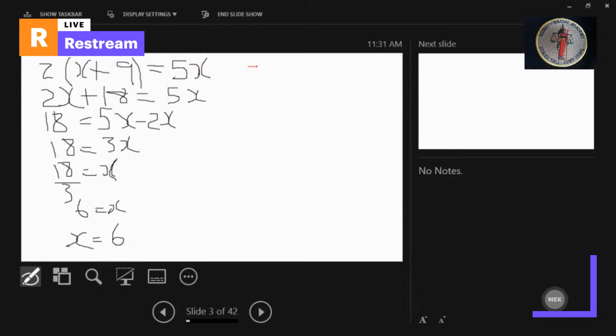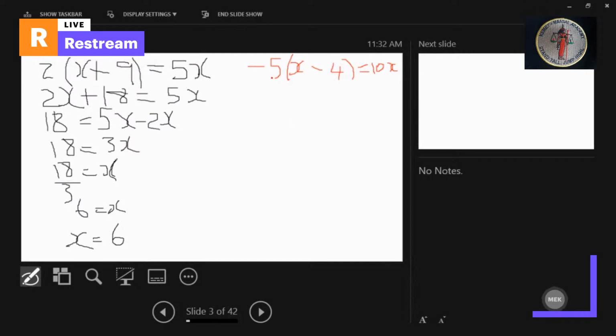Let's do one that involves negative. So negative 5 times the bracket x minus 4 is equal to 10x. All right. So we know that we need to expand our bracket using the distributive law.